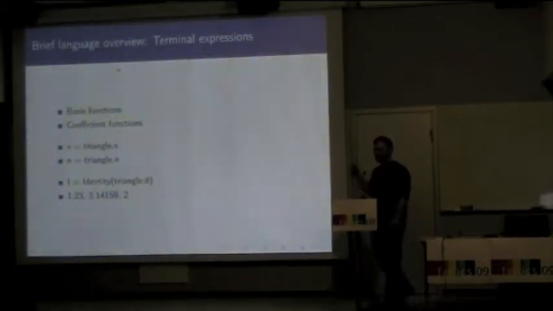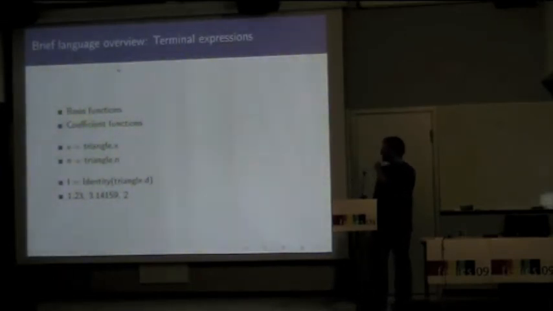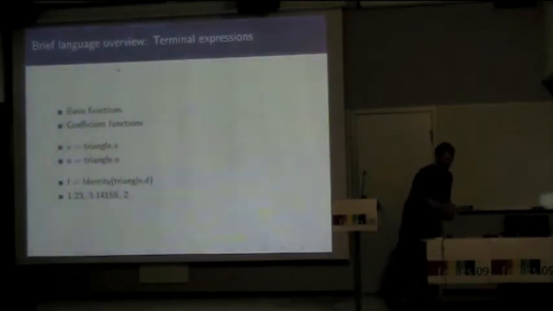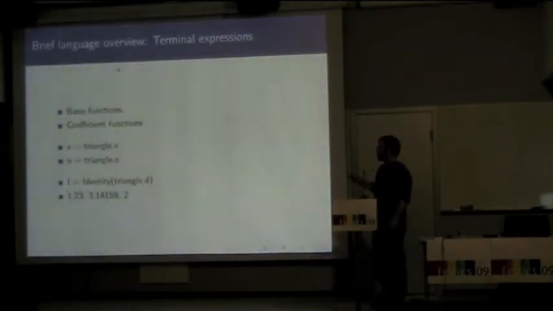So I will just give a very brief overview of the language, but I won't go into details on all the operators. You can see the manual for those details. To define any expression, you need to start with some basic entities, and we call those terminal expressions.